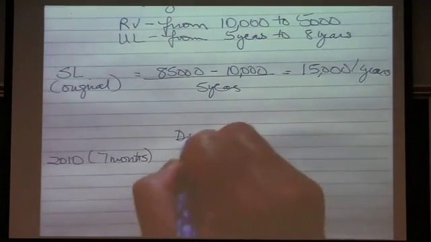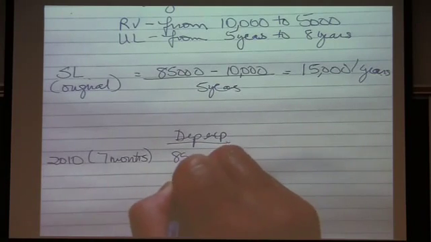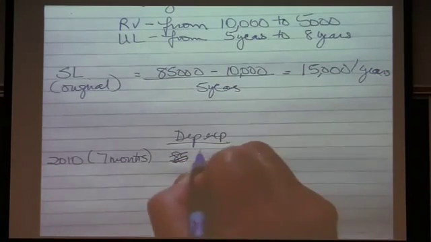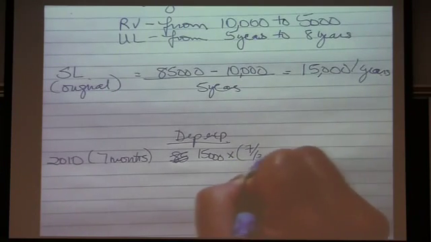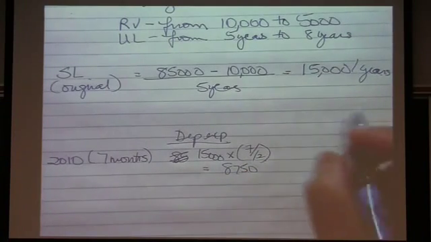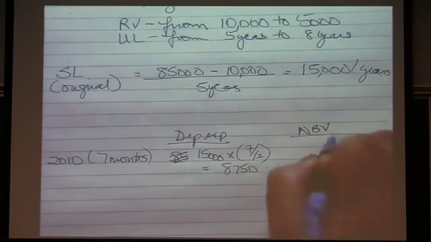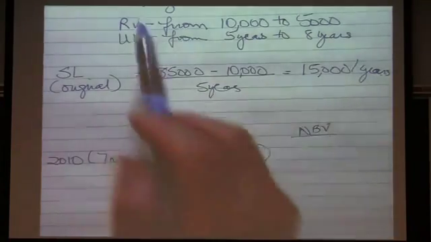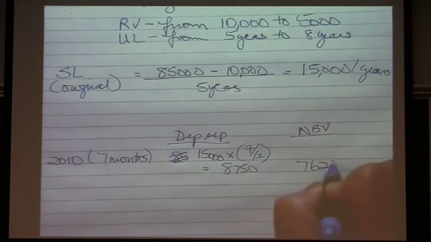The depreciation expense is, in this case we already calculated, 15,000 times 7 over 12 gives us 8,750. And this is net book value. So it's 85,000 less 8,750 should give us 76,250.